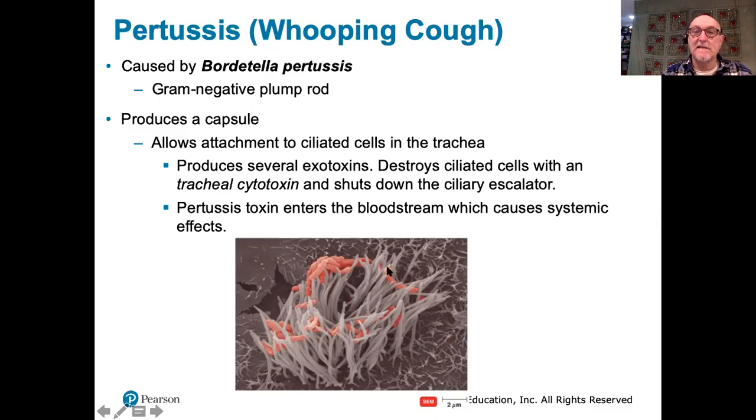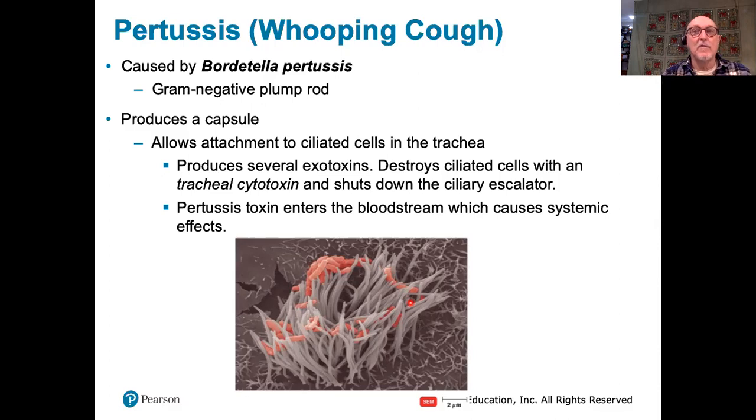It infests the ciliated cells of the lower respiratory tract. That in itself is the result of a virulence factor, a capsule component, which allows the bacterium to attach to the ciliated cells. Bordetella produces several exotoxins.